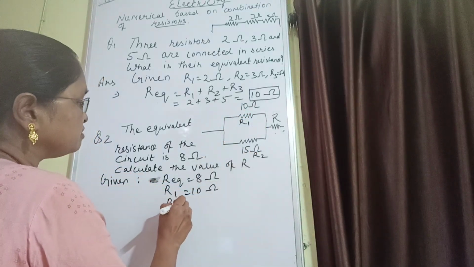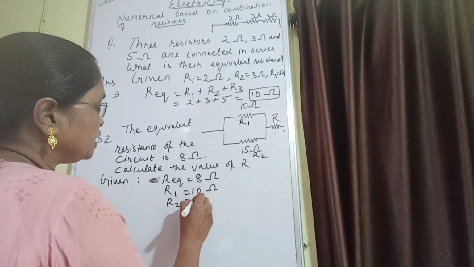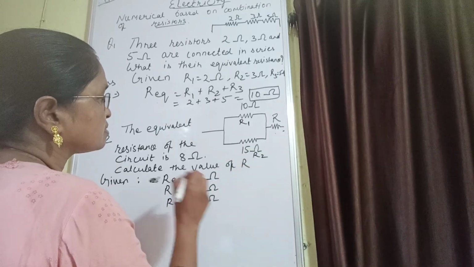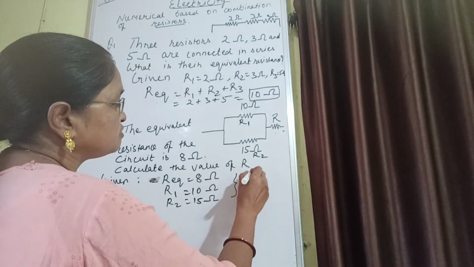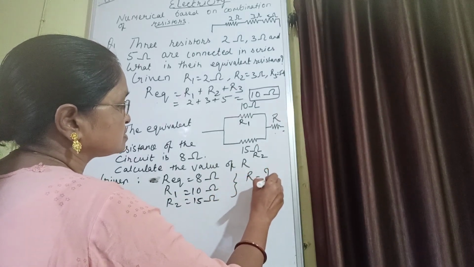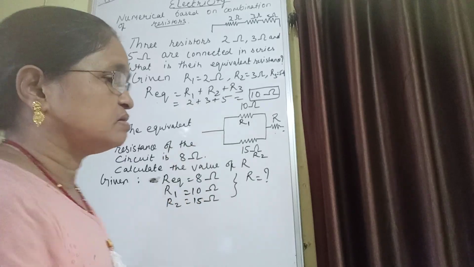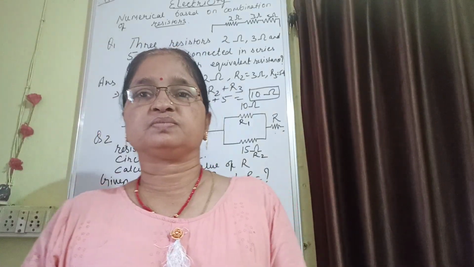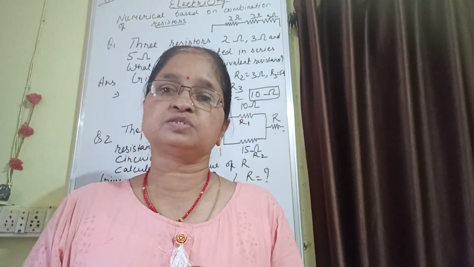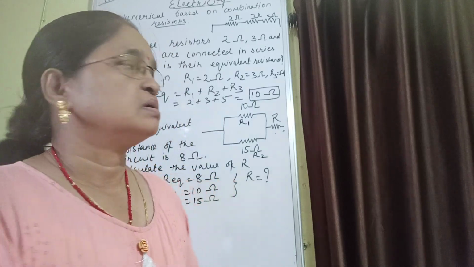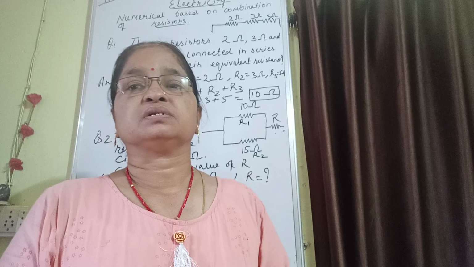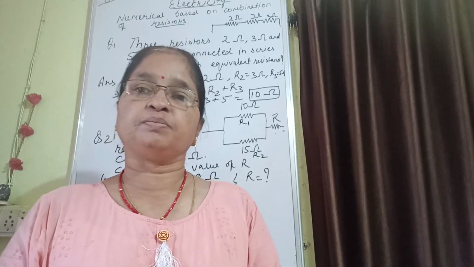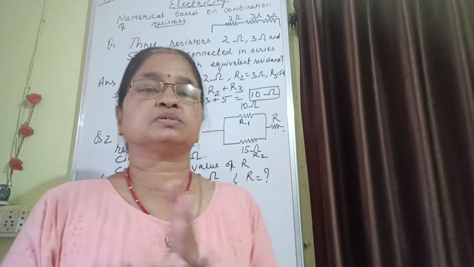So R2 is given 15 ohm. R we have to find out. This type of problem, first we have to think, what is the type of combination? Whether it is series or parallel or both.